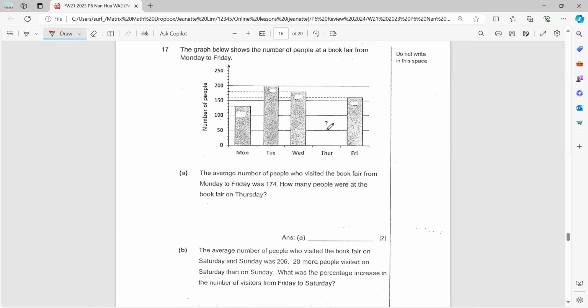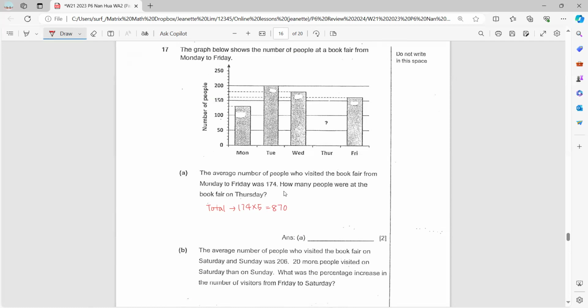So the total for the 5 days will be 174 times 5, since 174 is the average. Okay, 174 times 5, 870.